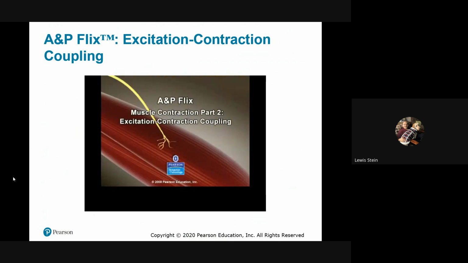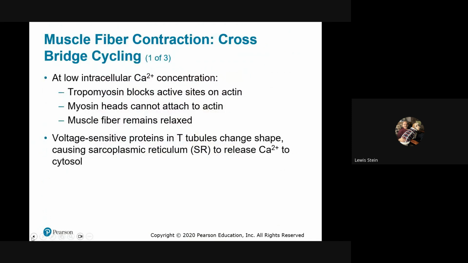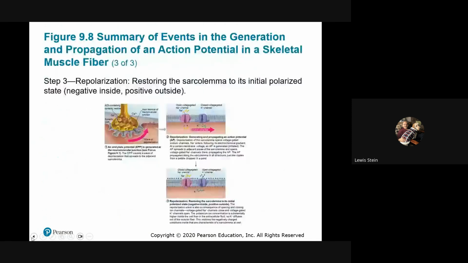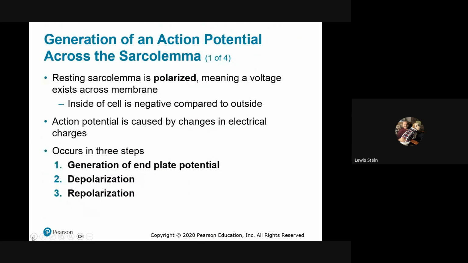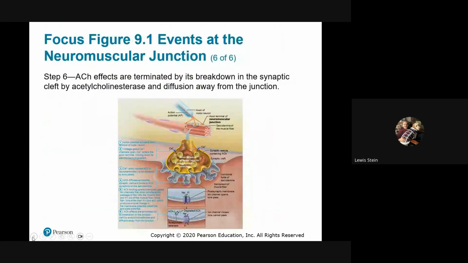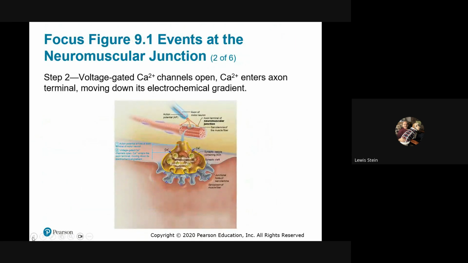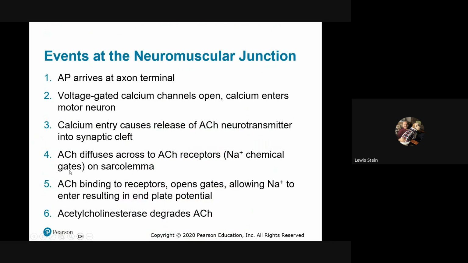So I'm going to go backwards and go back to where we were and try to give you some context before we do. And you can see, look at the stuff that's going on here. We're going to have a lot of talking about the steps that involve the nerve. These are just some of the steps we call the events at the neuromuscular junction. And it's so pivotal because our next chapter is all about nervous system physiology.